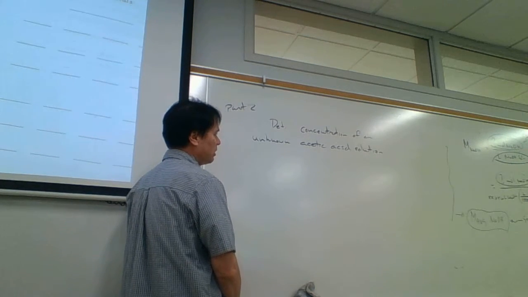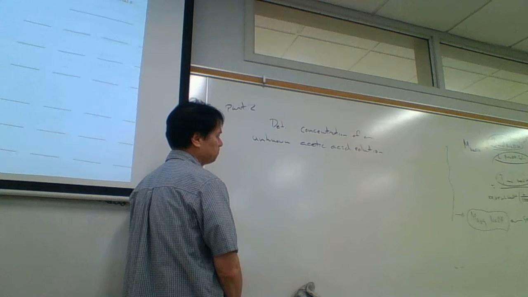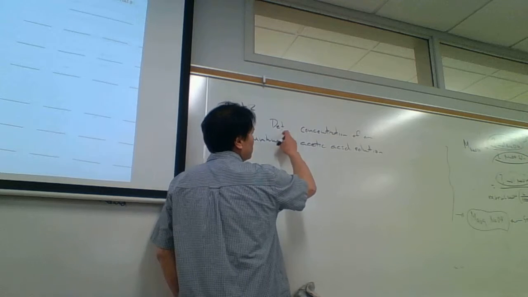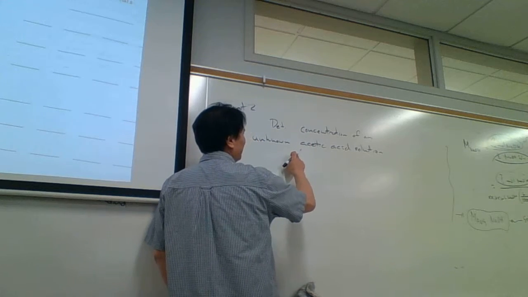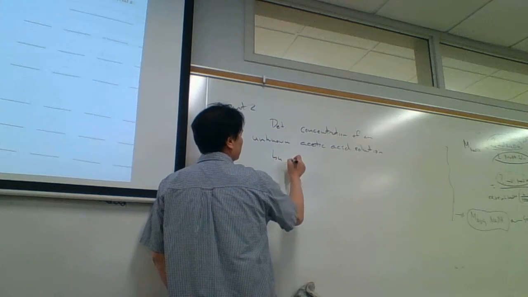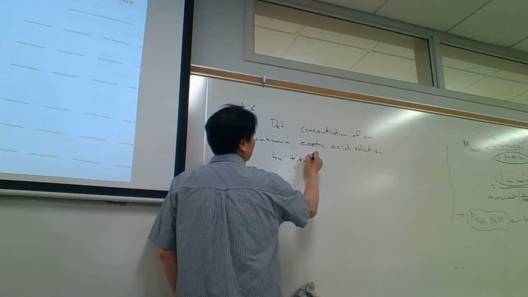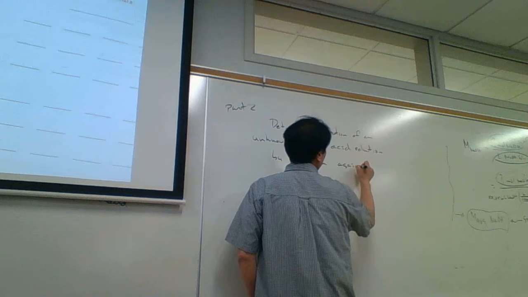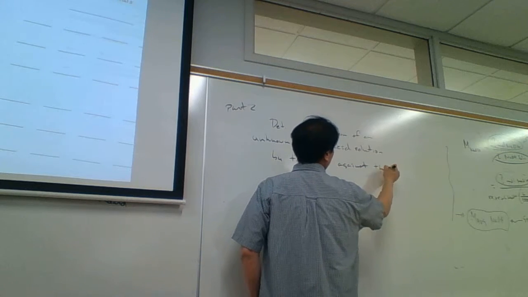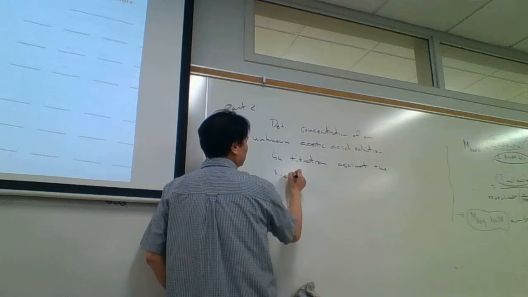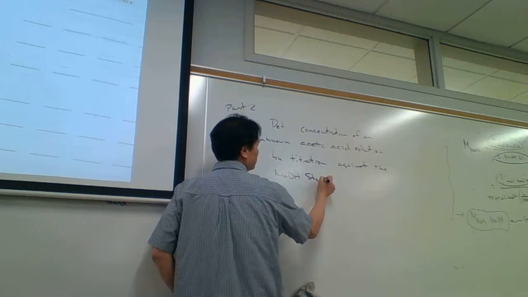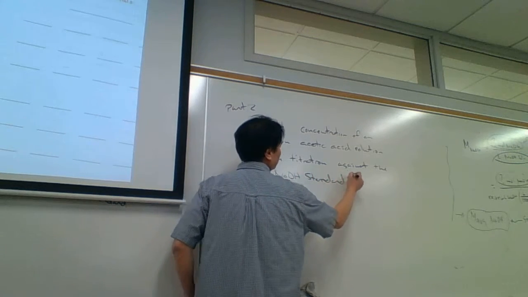You know, how much vinegar, how much acetic acid is in there. Okay, determine the concentration of an unknown acetic acid solution by titration against the sodium hydroxide standard. Now the sodium hydroxide has been standardized, we can call it a standard solution.